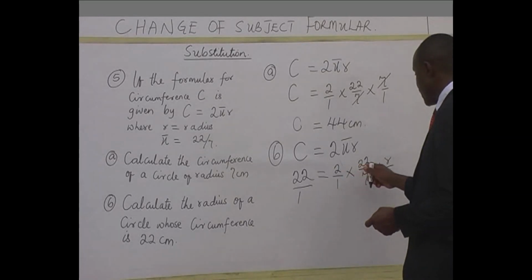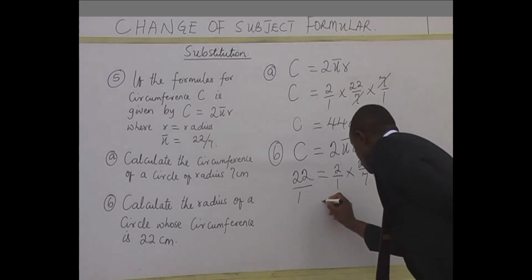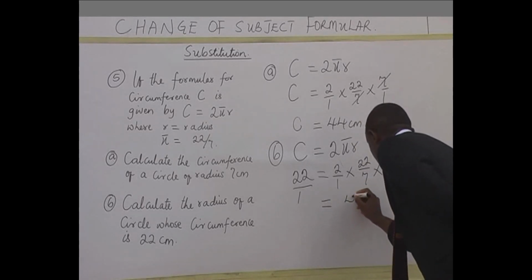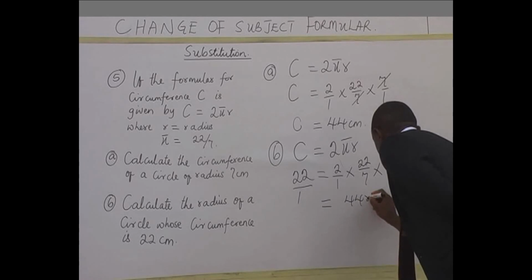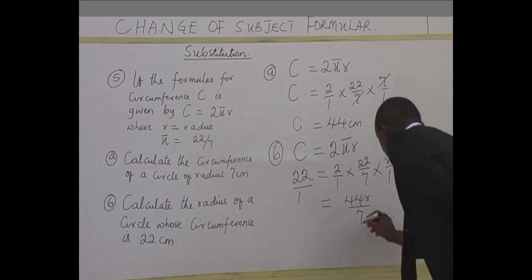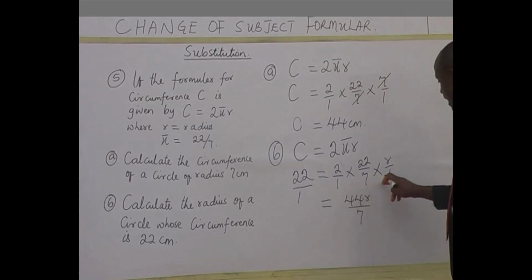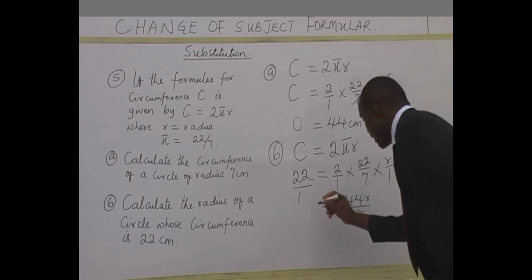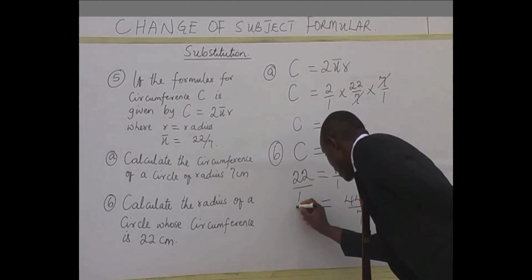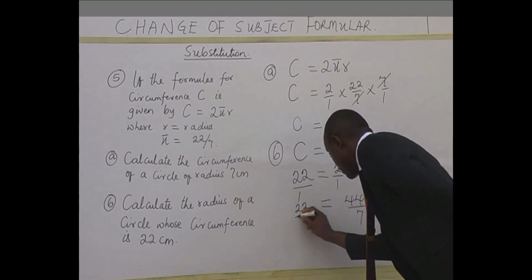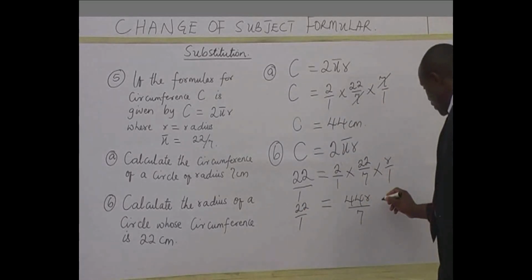2 times 22 times r is going to give you 44r all over 7, because 1 times 7 times 1 will give you 7. On the left-hand side, we have 22 all over 1. You can cross-multiply.